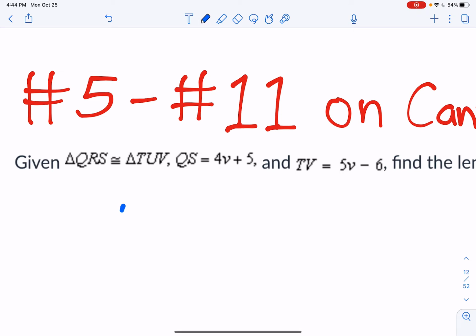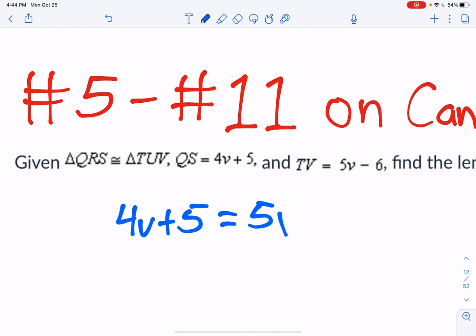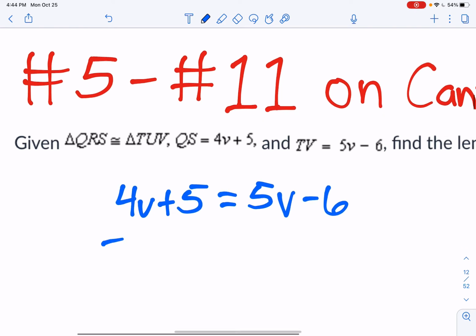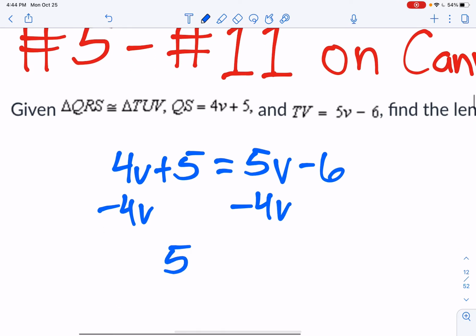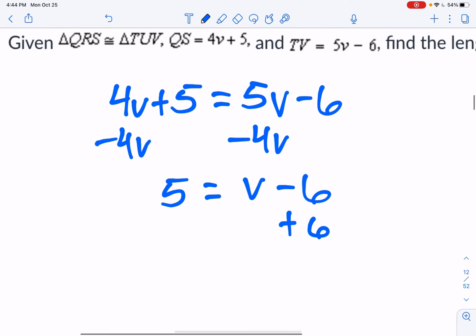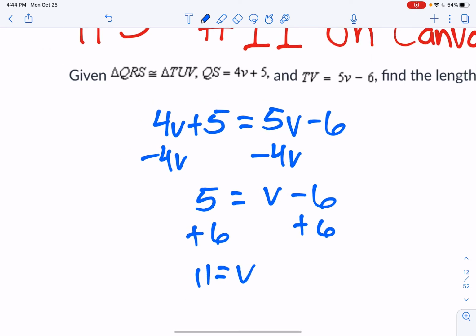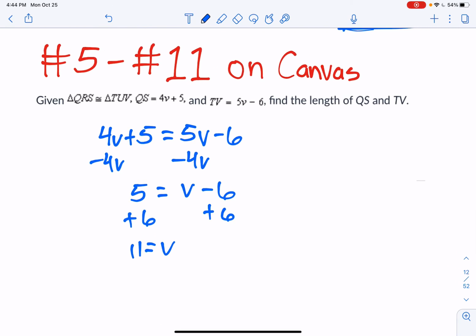So I write 4v plus 5 equals 5v minus 6. I'm going to subtract 4v from both sides and get 5 equals v minus 6. Add 6 to both sides to get 11. So it doesn't say find v, it says find QS and TV, which means I just need to plug in.